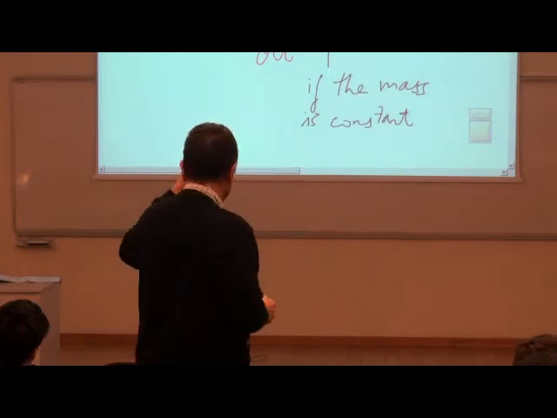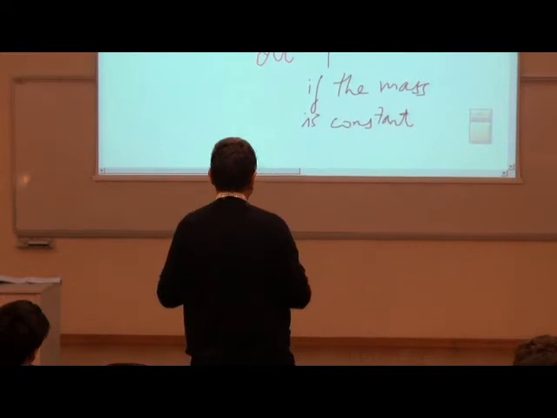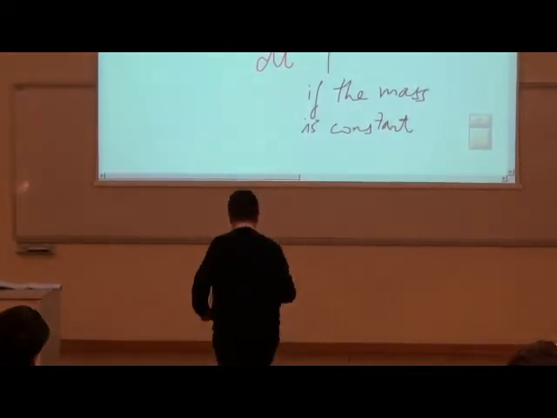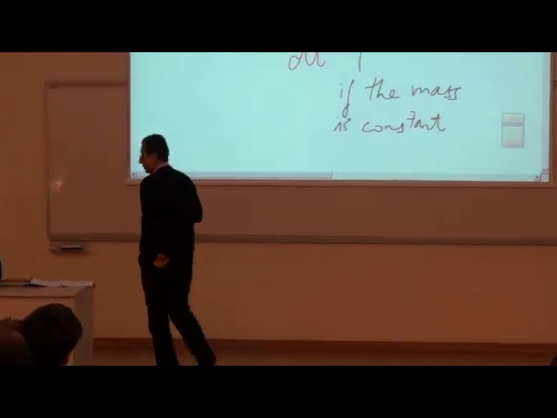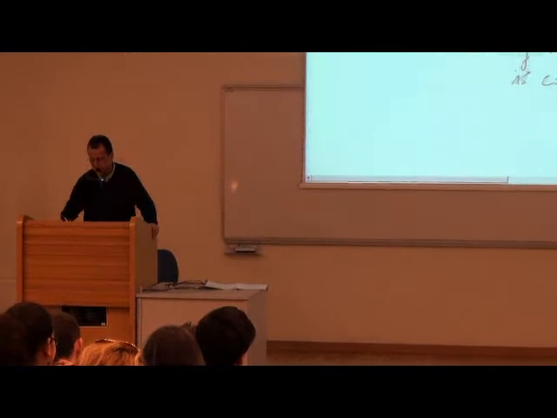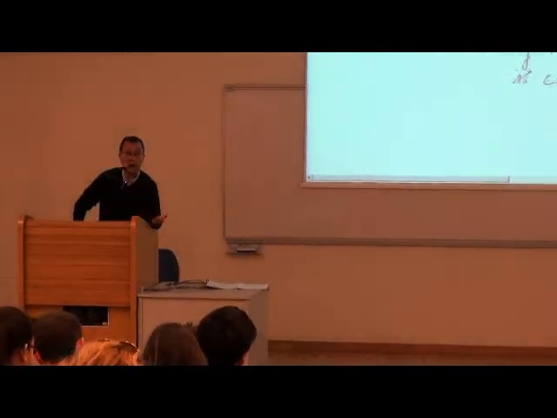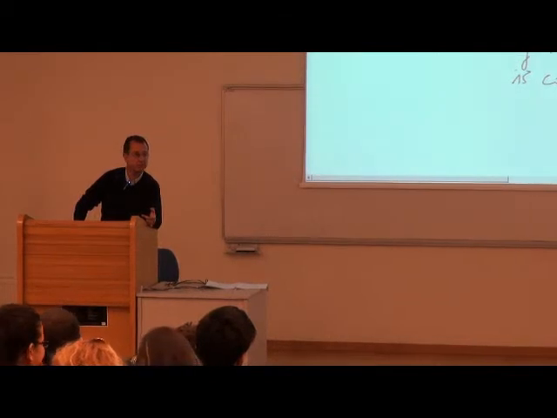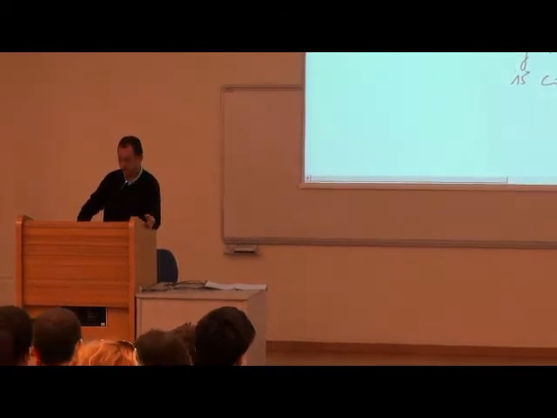So this is Newton's second law, and this is the most important equation of classical science, classical mechanics, because it tells you how motion of objects is affected. Okay?